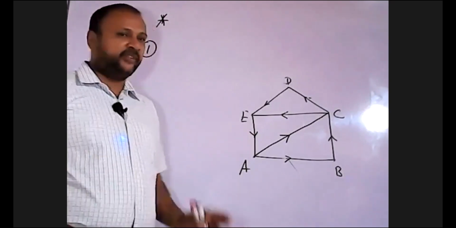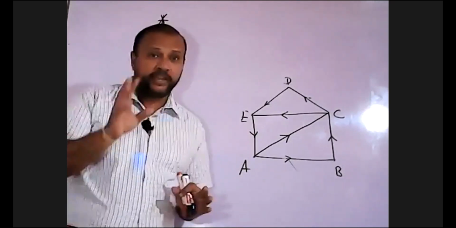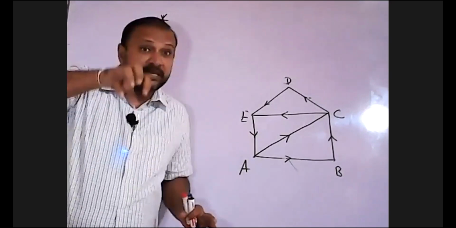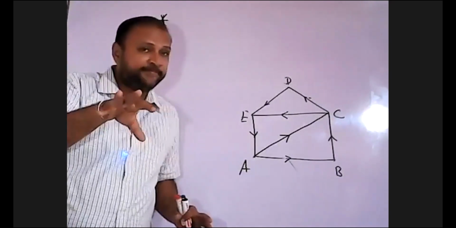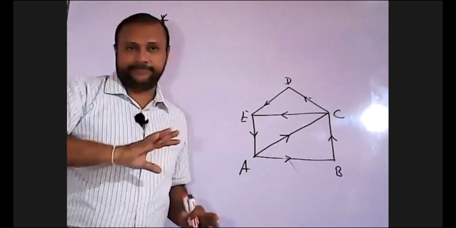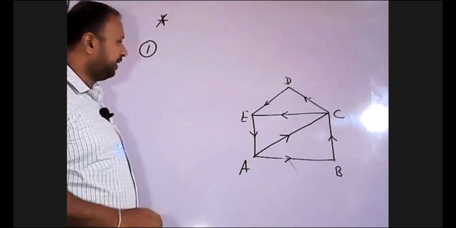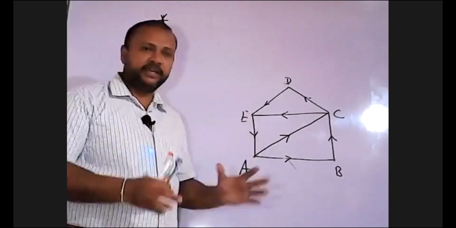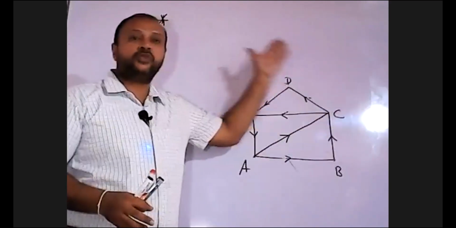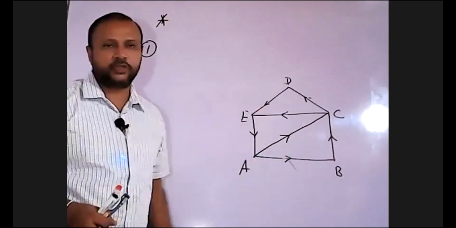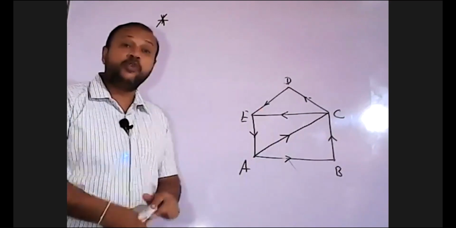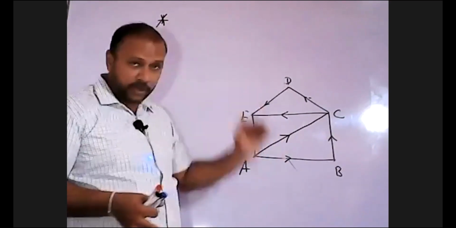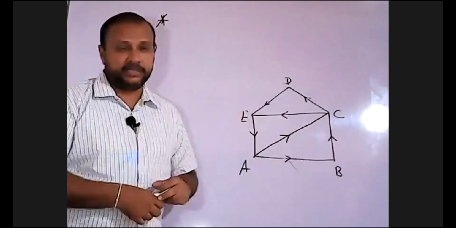The first thing we have to do is identify a closed loop. Closed loop means a polygon. It should be a closed polygon. If you identify a closed polygon, then you can remove those forces or vectors. Then you can reduce the vector system into a lower number of vectors.